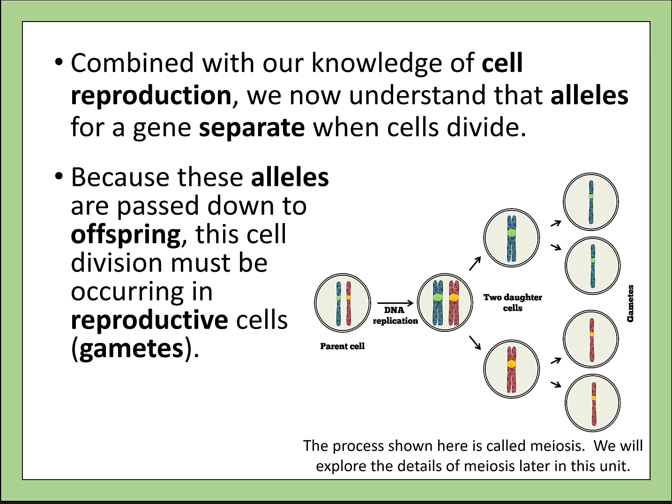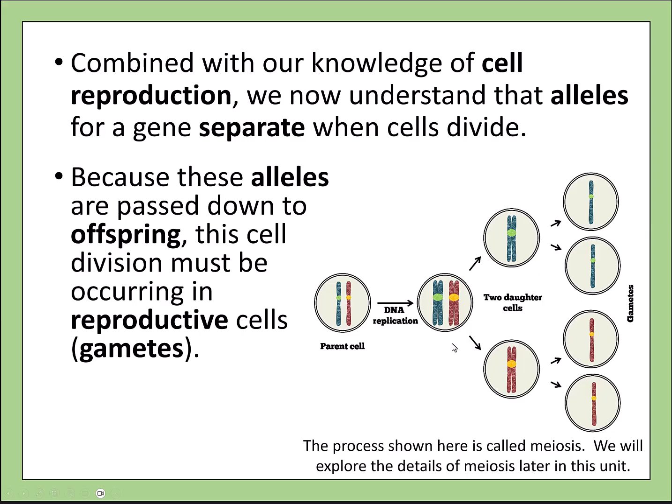So mitosis occurs for processes like healing your skin, where an identical cell is being created to replace one, or that cells are dividing to create more identical cells. And that's happening in your body cells. But in order to pass genes down from one generation to the next, these changes need to be occurring in reproductive cells like sperm and eggs, or in pea plants in pollen and ovules.